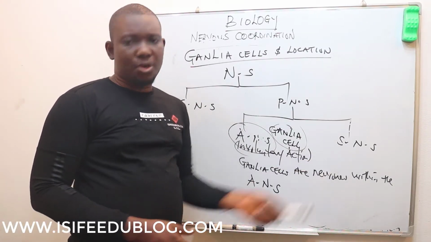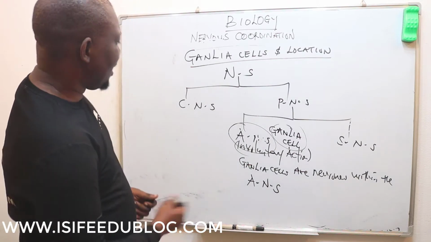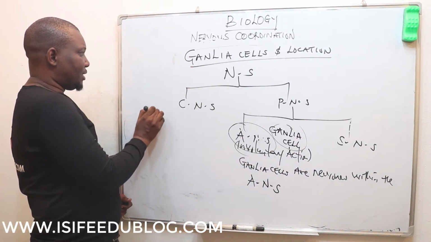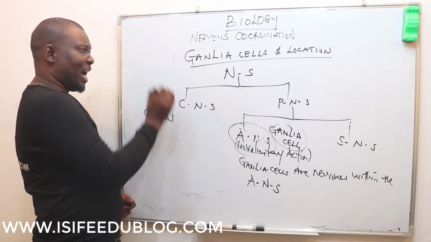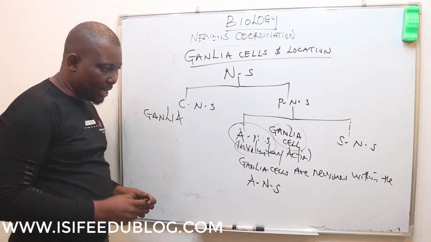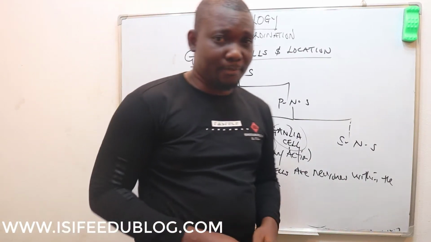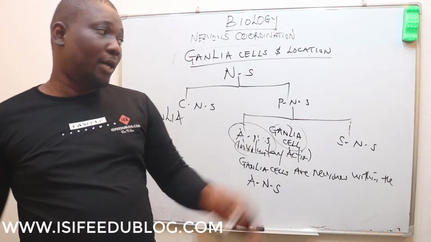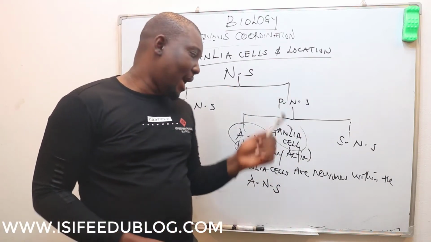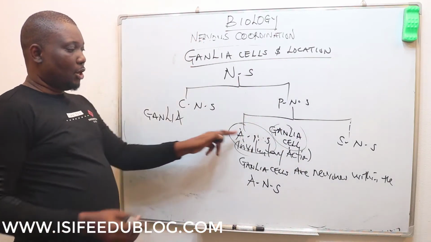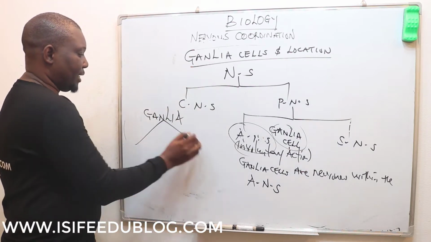So ganglia cells are neurons. There are two types of these ganglia cells in the A.N.S. that bring information to and through to the C.N.S. What are they?